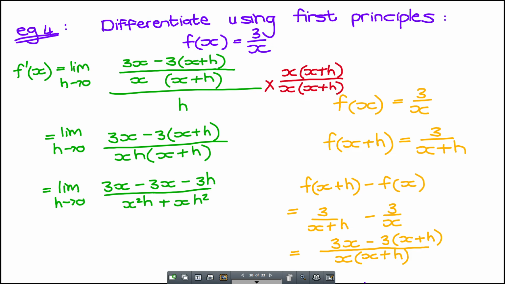Now we want to try and factorize. Look quickly here, 3x minus 3x. Do you see that that will cancel each other out? No? So I will just have, at the top, minus 3h.